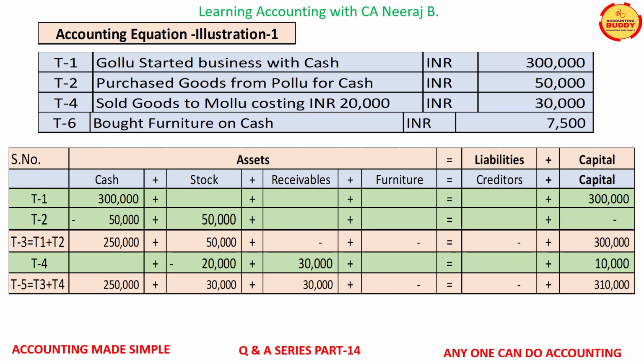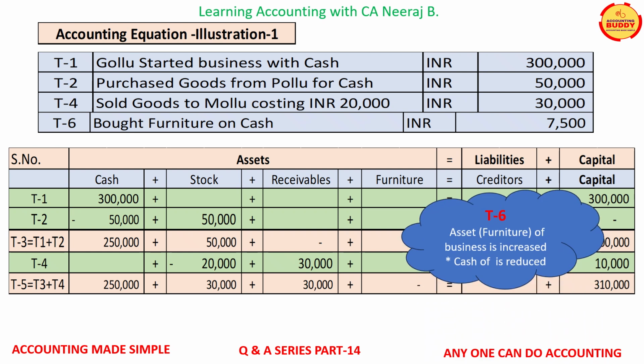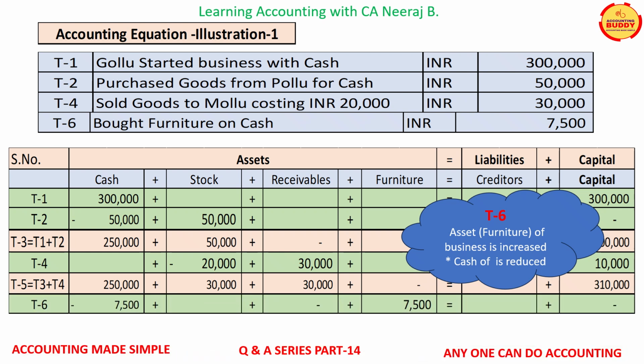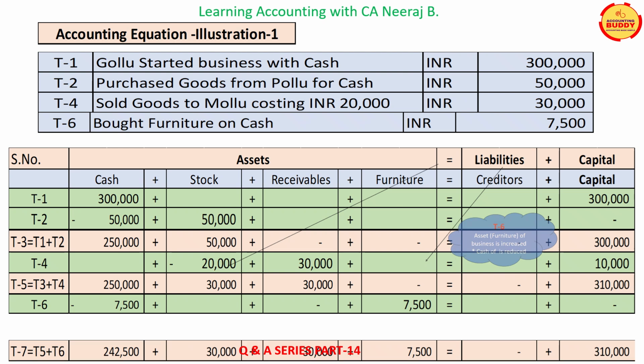Now let us analyze T6 transaction related to the purchase of furniture worth 7,500 on cash. The effect of this transaction will be number one on assets as the furniture is purchased and number two again on assets as the transaction is settled with cash. Therefore, furniture, which is an asset, will increase by 7,500 and cash, which is again an asset, will be reduced by 7,500.